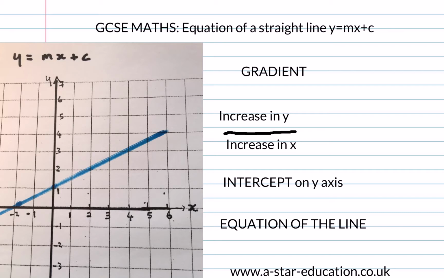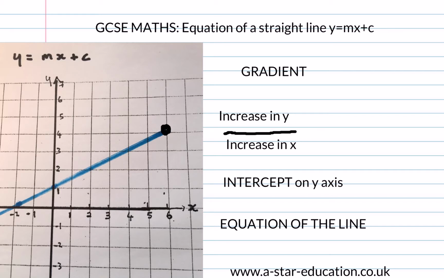What we need to do is select two convenient points on the line, anywhere on the line, where we can easily identify the x and y coordinates. I'm going to select that point there because I can read the x and y coordinates off from the graph, and this other point here as well.